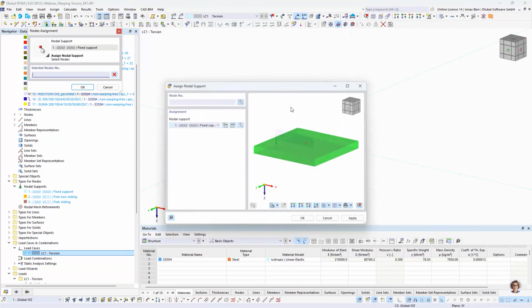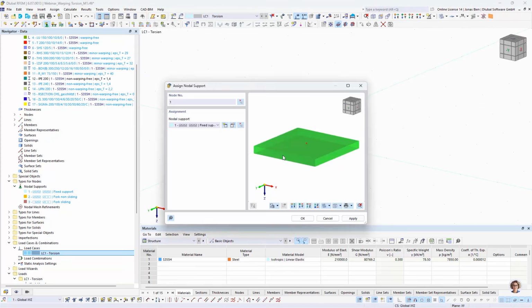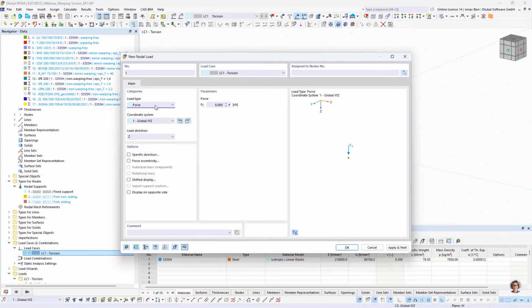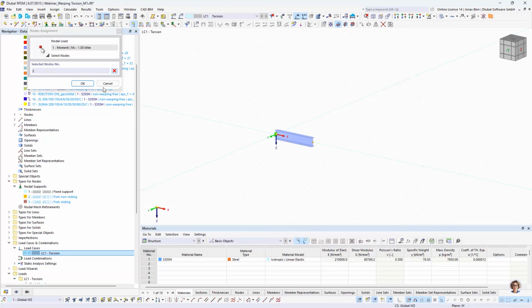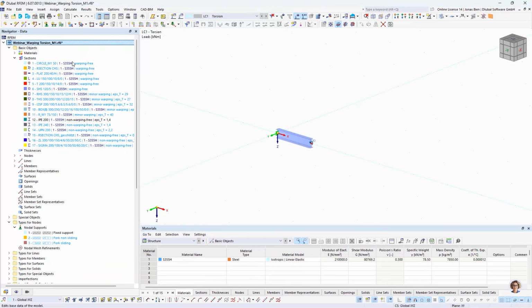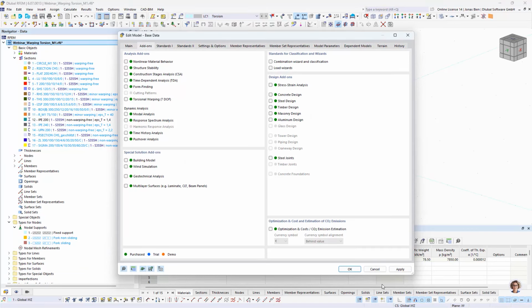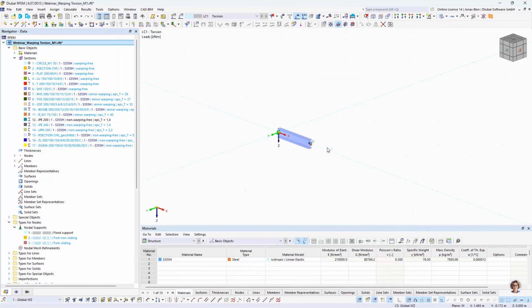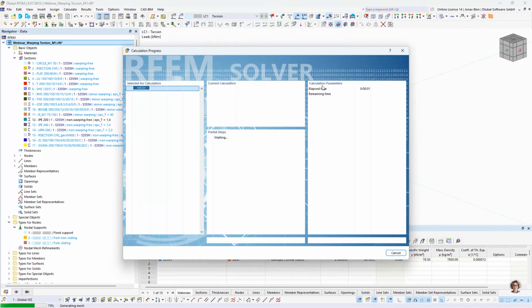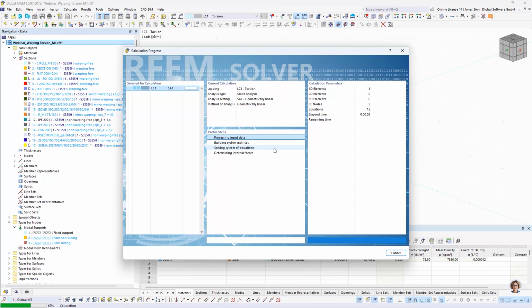So I assign a fixed support to one of the nodes, and on the other end of this cantilever beam, I apply a concentrated moment of 1 kilonewton meter. All right. And I think there's no add-on activated right now. So let's just do a blank calculation with 6 degrees of freedom to have some reference that we can come back to and compare the results with warping torsion active.